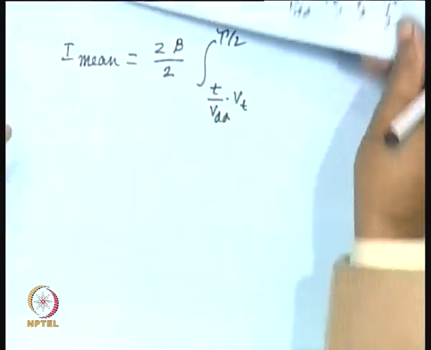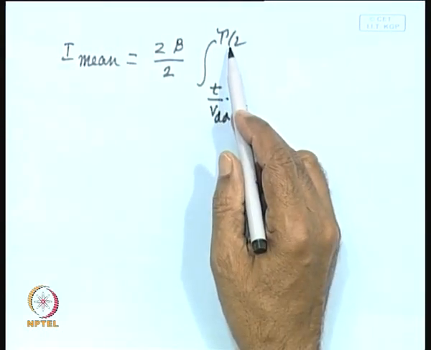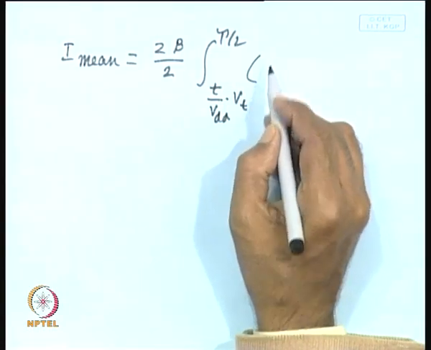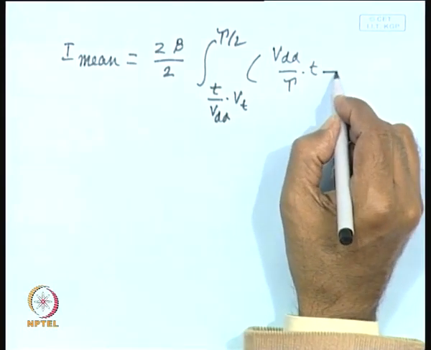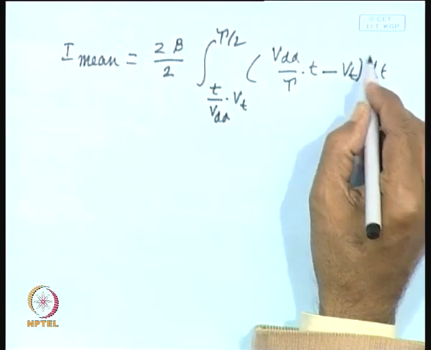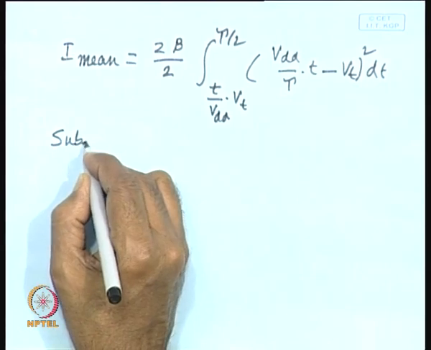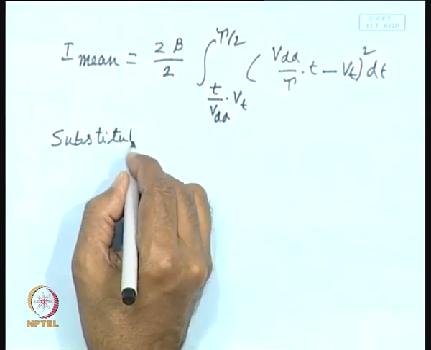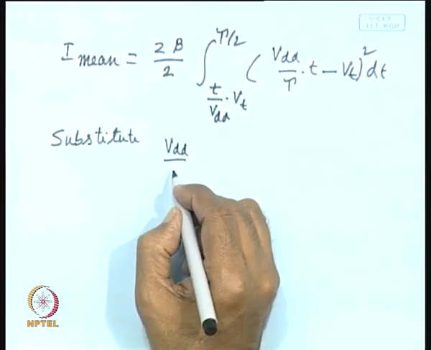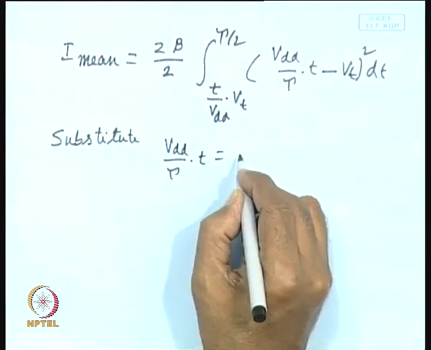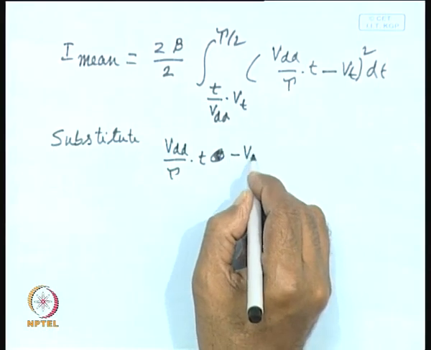So, we have substituted in place of T1 tau by VDD into Vt, and for T2 tau by 2, and the integrand is VDD by tau into t minus Vt, dt. Of course, here there will be a square. Now, again we substitute VDD by tau into t minus Vt is equal to x.